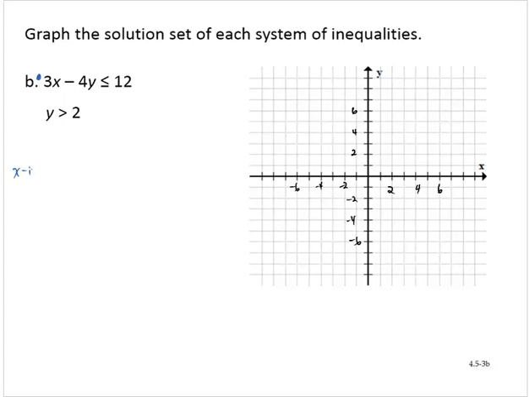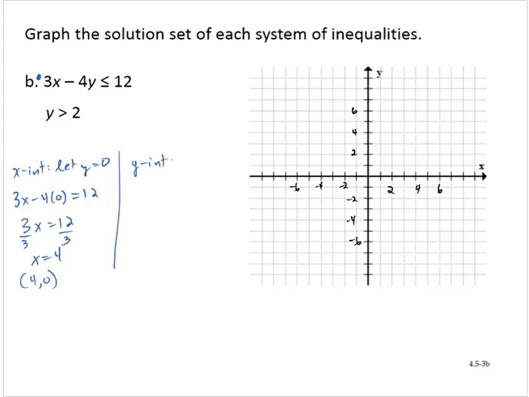Let's find the x-intercept, letting y equal 0. So then 3x minus 4 times 0 is equal to 12. So 3x equals 12, and dividing through by 3, x equals 4. So our x-intercept is (4, 0). For the y-intercept, we will let x equal 0. 3 times 0 minus 4y equals 12, so negative 4y equals 12.